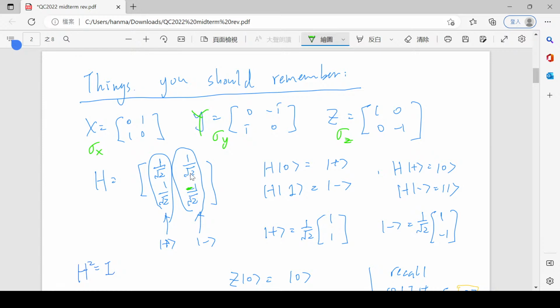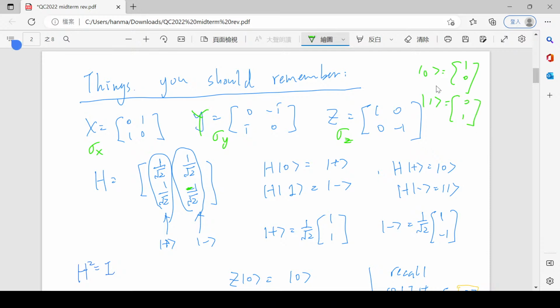It's cool that we know its matrix form, but usually we use it as a transition between the X basis and the Z basis. Remember, the eigenvectors of Z are obviously 0 and 1, where 0 equals (1, 0) and 1 equals (0, 1).